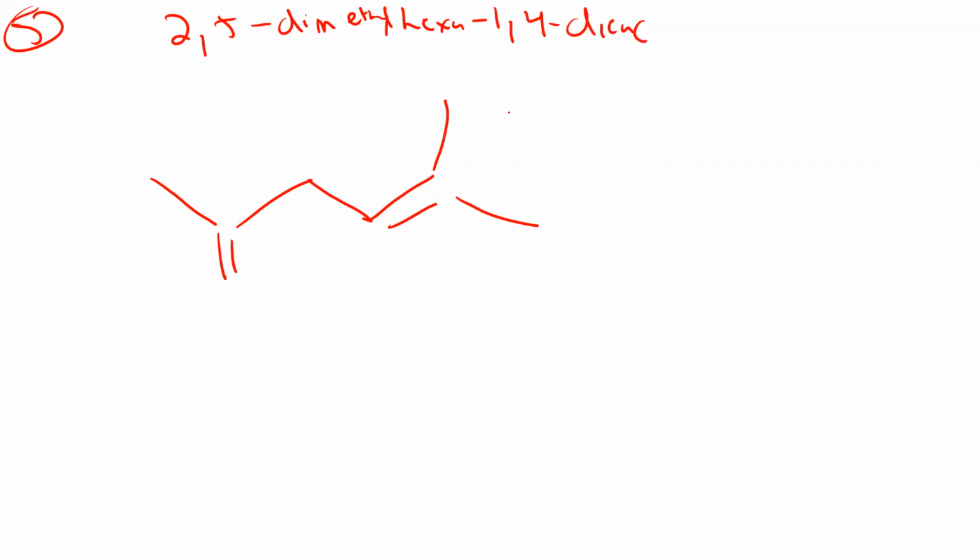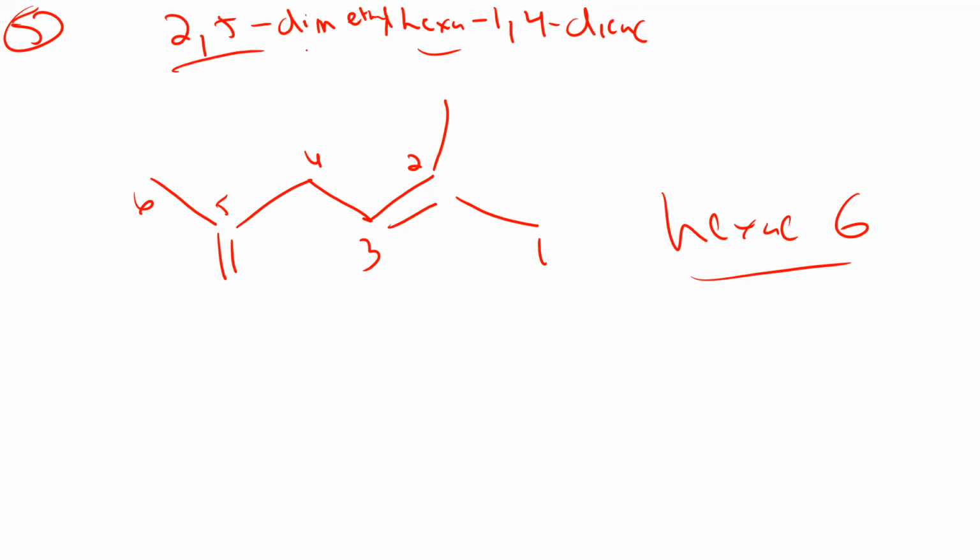So it says dimethyl hexa. So let's see. 1, 2, 3, 4, 5, 6. Okay, so it starts right here. 1, 2, 3, 4, 5, 6. That's how you get the hexa. Remember, hexane was 6. Well, that's how you get your 6 carbons.